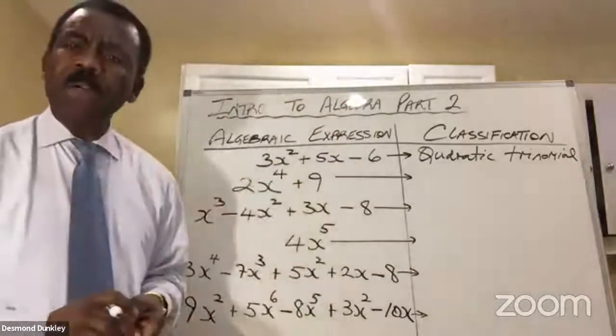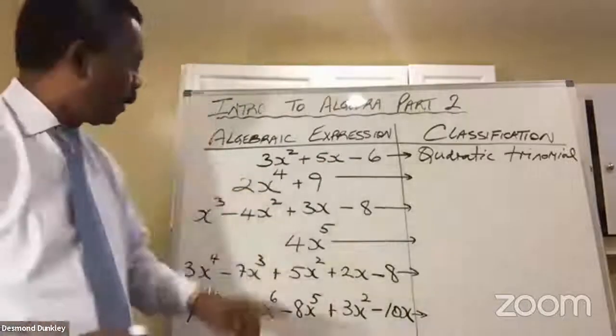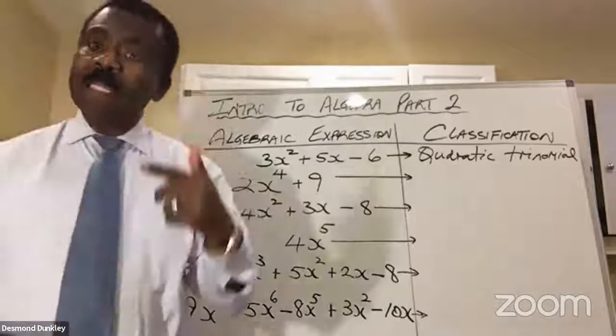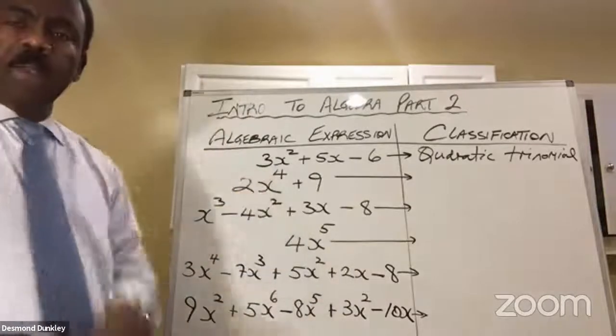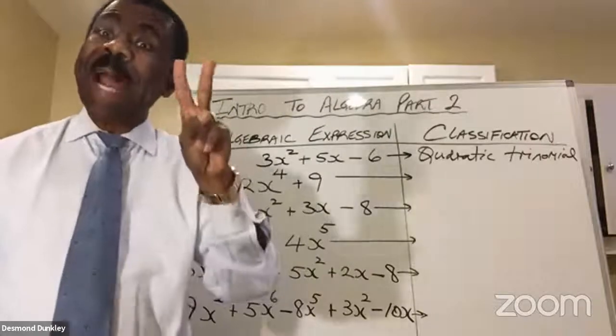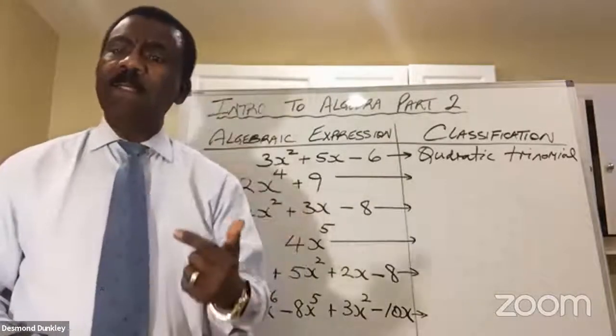The second expression has 2 terms. First, second. The highest exponent is a 4. There are only 2 terms, and if you have 2 terms, it's a binomial. 2 terms, like bicycle.